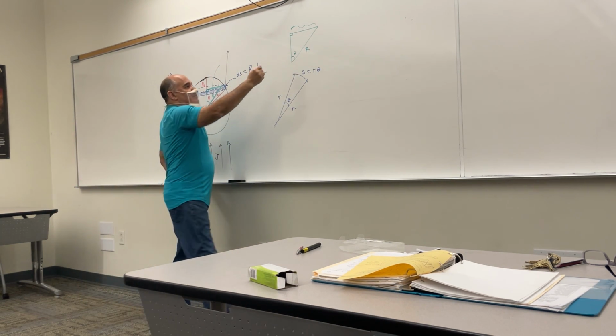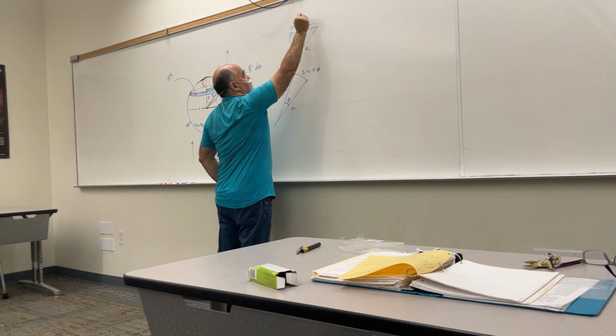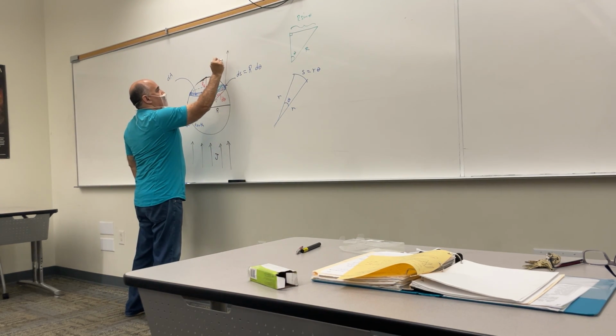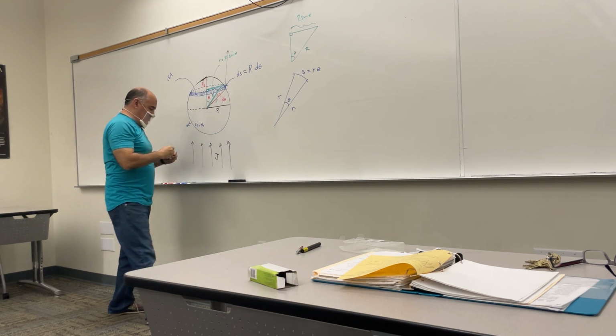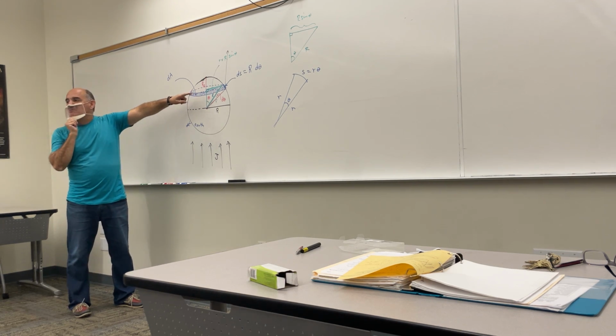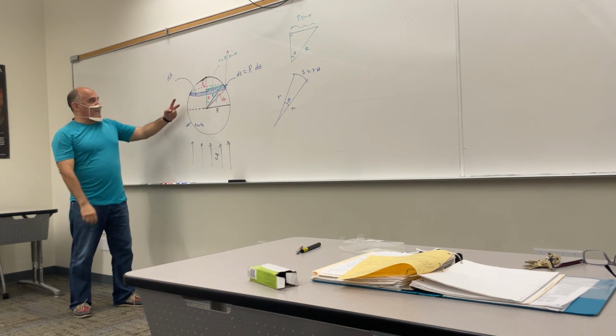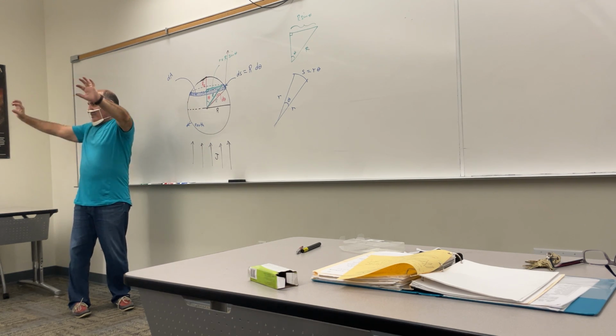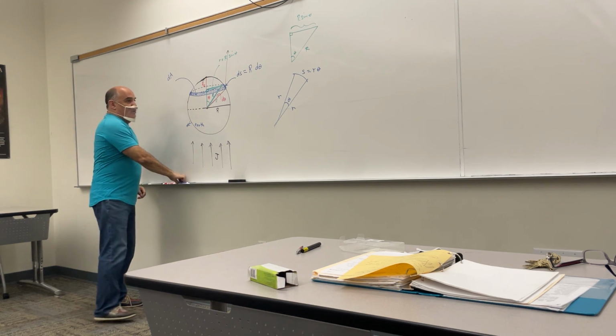R sine theta. It's opposite the angle given. So it's R sine theta. So that radius over here is R sine theta. So if I take that strip in blue, suppose I take that strip and I cut it and I stretch it out. It will look like this.